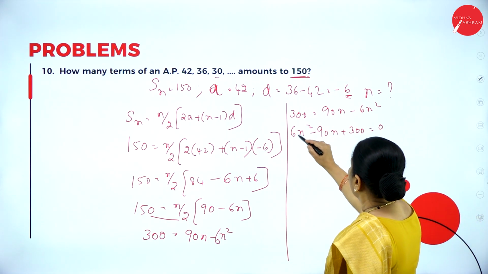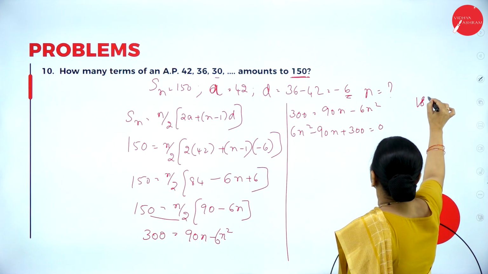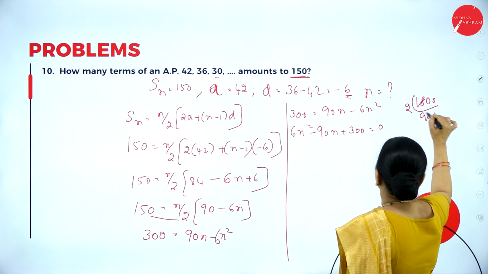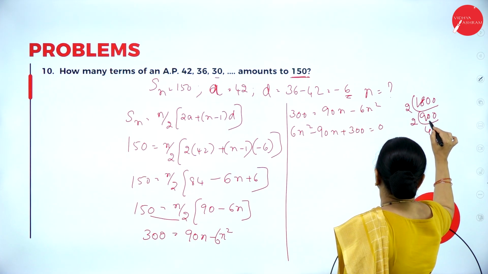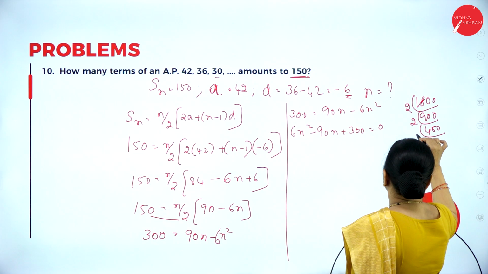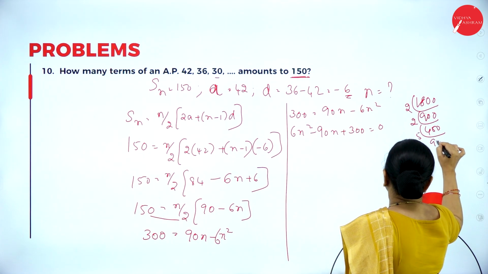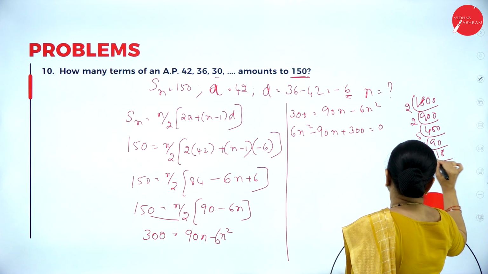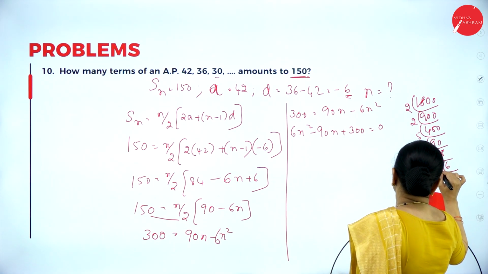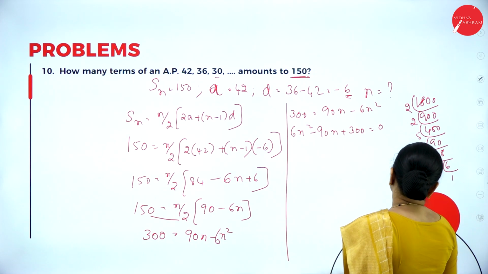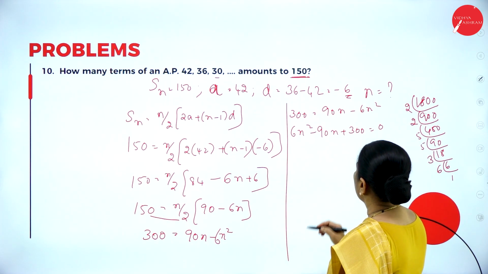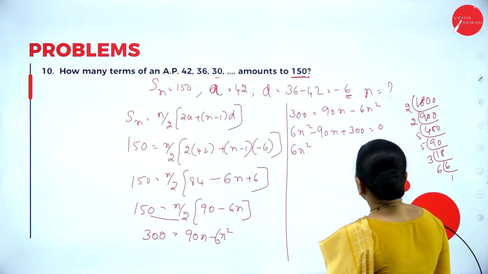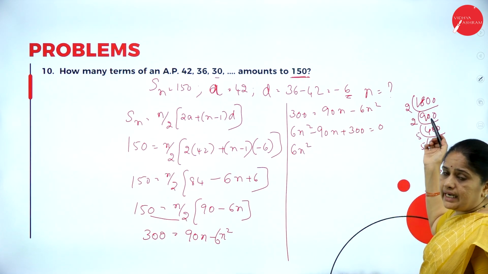Now we have to find two terms whose product is 6 into 300, which is 1800, and whose sum is minus 90. So when we multiply, I should get 1800.